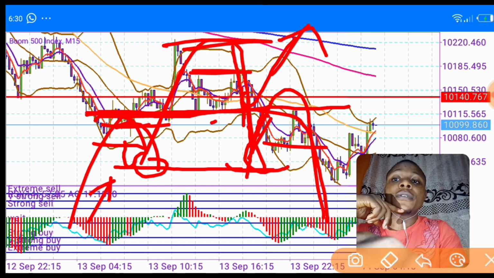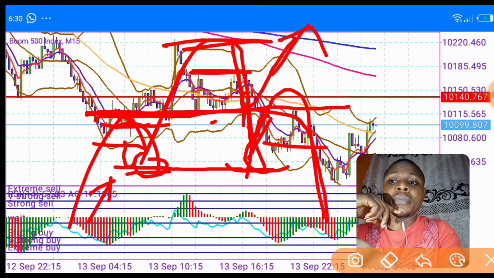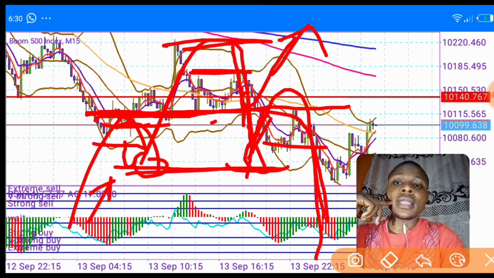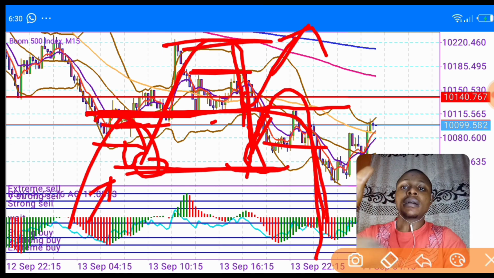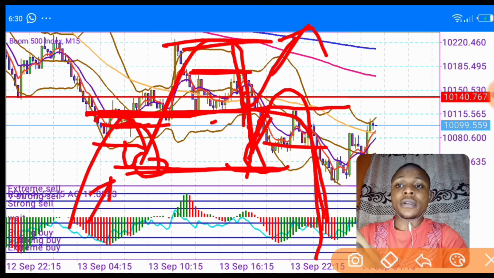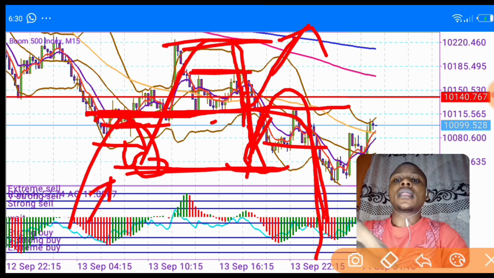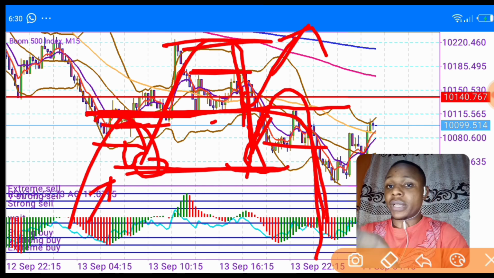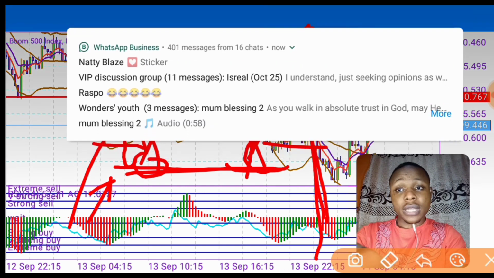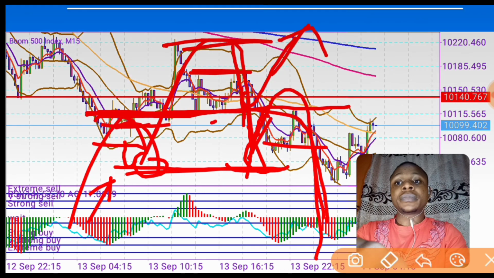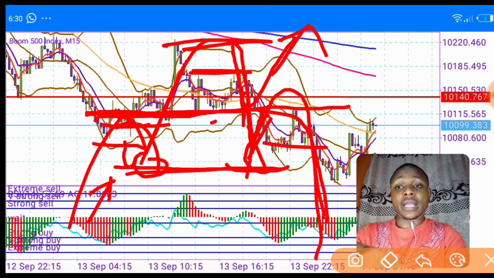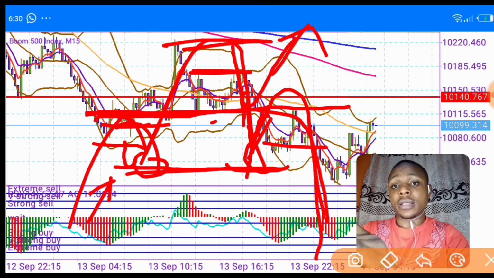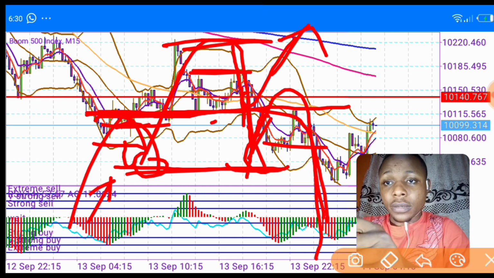When it forms the head and shoulders, it will break these two supports and start a downtrend. Merely identifying that kind of market, you can enter a long-term trade. If you spot this kind of thing on higher time frames, you can enter a longer sell or buy.